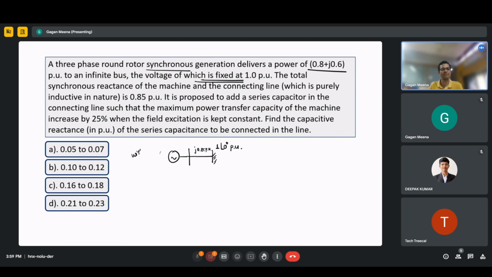So this is without the series capacitor. Now we add one. This is 1 minus jXC. This is 0.85. So in this case X equivalent 1 is equal to 0.85. What is X equivalent here in this case?